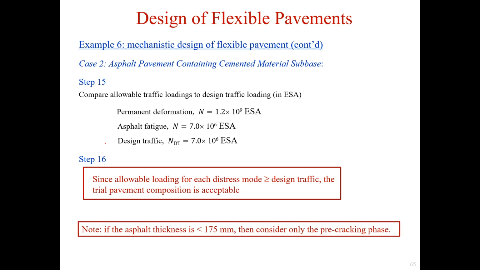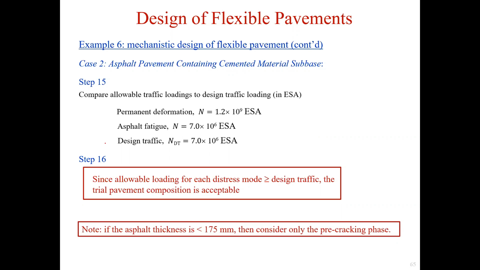Now we need to compare the total allowable traffic loading to the design traffic loading in ESAs. For subgrade permanent deformation, N equals 1.2 times 10 to the power of 7 ESA, and for asphalt fatigue, N equals 7 times 10 to the power of 6 ESA from the previous slide.